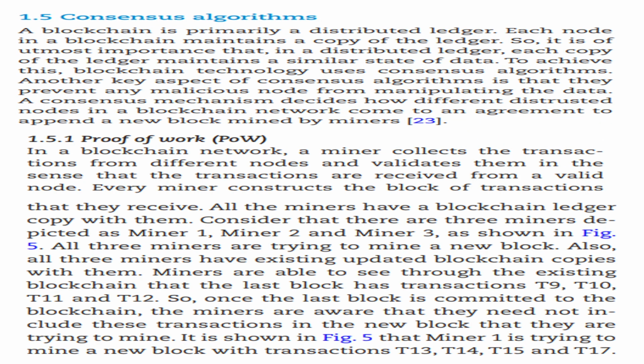Now, the consensus algorithm is a very important aspect of the blockchain network. What does consensus algorithm mean? As the name sounds, consensus means to come to agreement on a particular point. So what happens in a blockchain network? There are many participant nodes in the blockchain network, which we call miners.